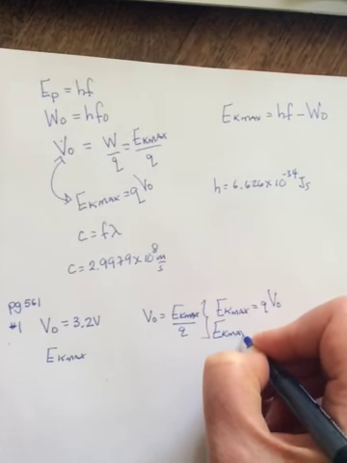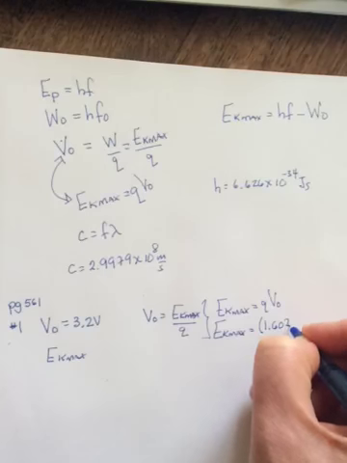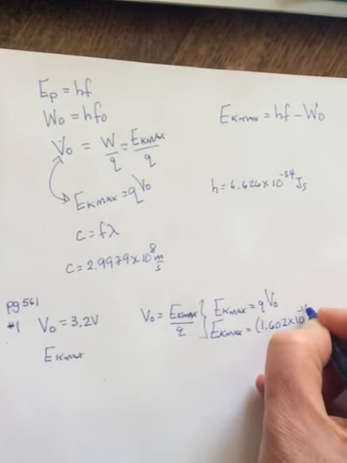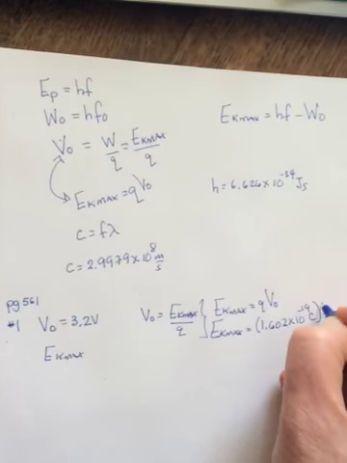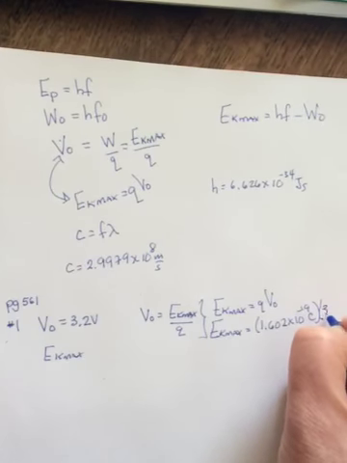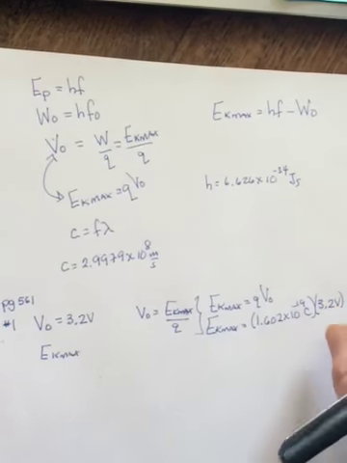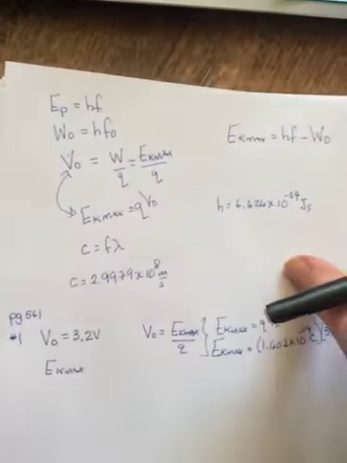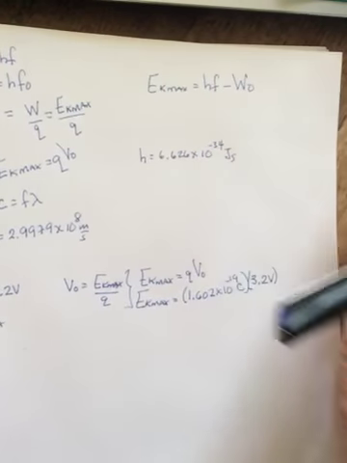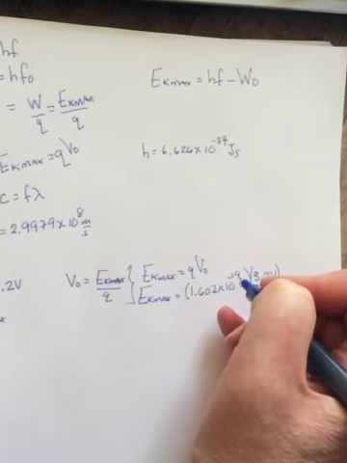So EK max is equal to Q, is an electron, 1.602 to the negative 19 coulombs, and V is 3.2 volts. Now, before you ask, I left off the negative because remember, energy is a scalar, so we don't need to worry about directions here.